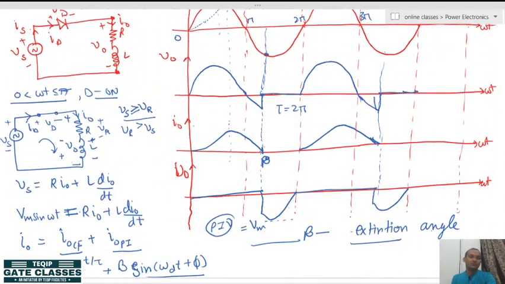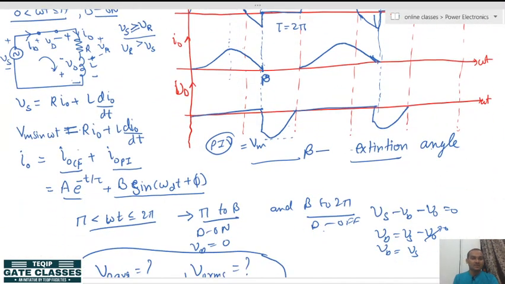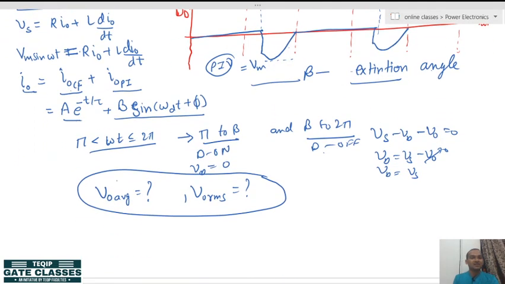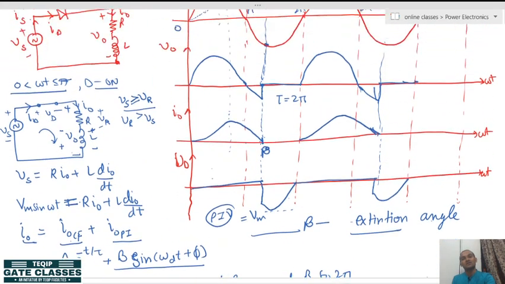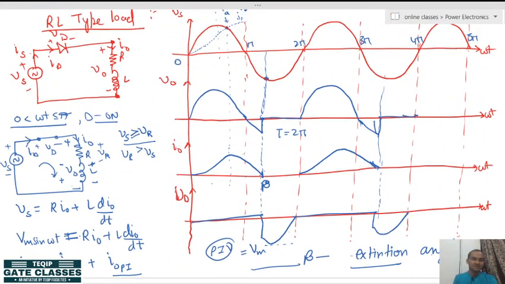Second, derive this i naught with the help of the complementary function and particular integral. If you are not able to derive it, I will discuss it in my next lecture. And third, calculate the RMS value and average value of output voltage for this particular circuit.